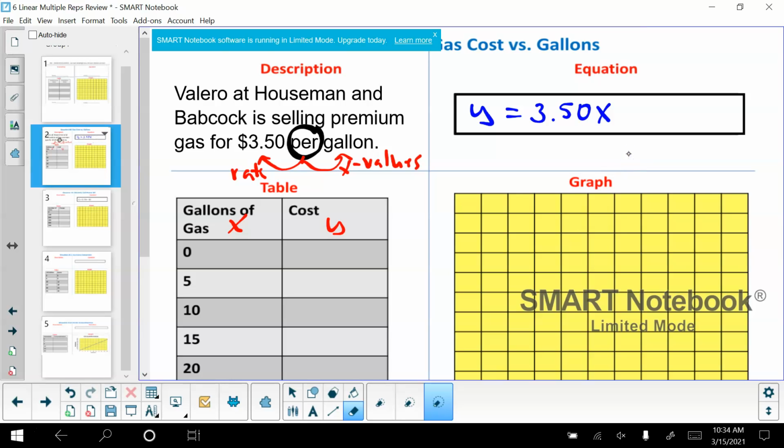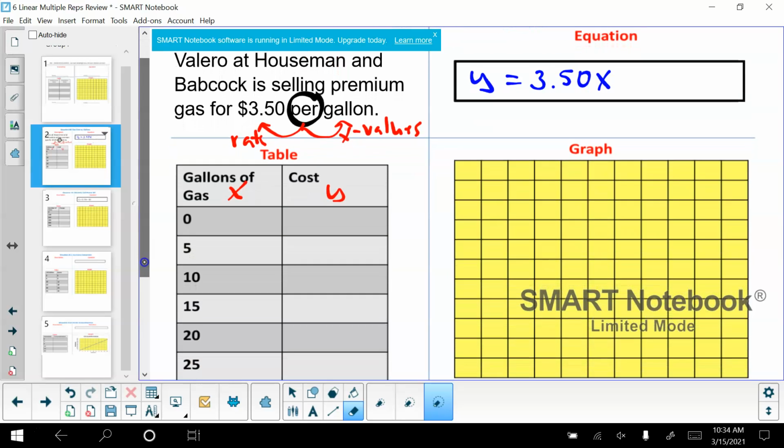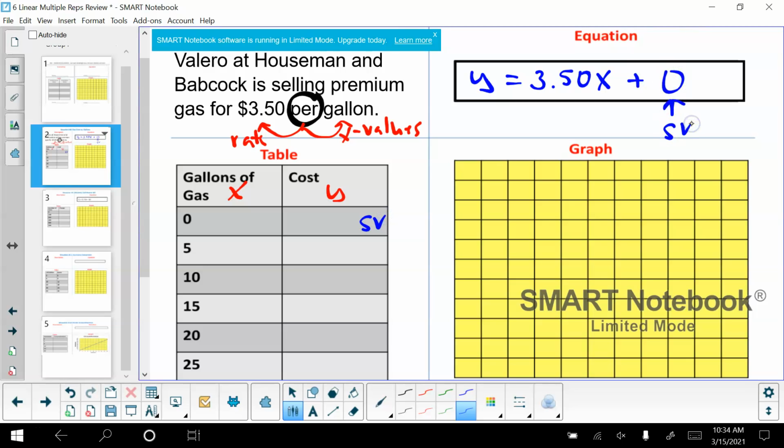Okay, now if I try to fill out the table, well, if I don't have a starting value, remember this is the starting value, and if I go ahead and put it back up here, if that right there is my starting value, then I would start with a 0. And I could say it's going to increase by 3.50, but that's if this table went up by ones on the x side.